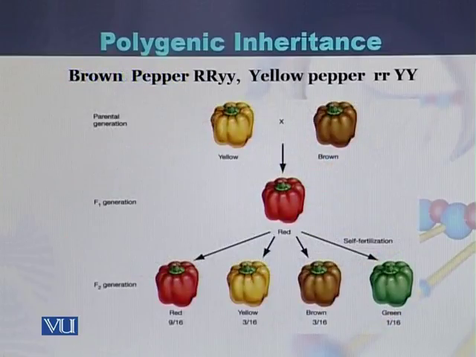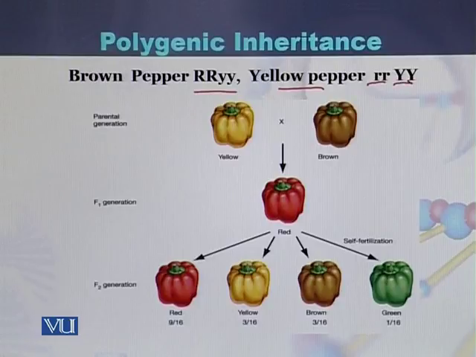The brown pepper has the dominant R allele that belongs to gene number 1 and the recessive allele that belongs to gene number 2. The yellow pepper has the recessive form of gene 1, that is r, and the dominant form of gene 2, that is the Y allele.